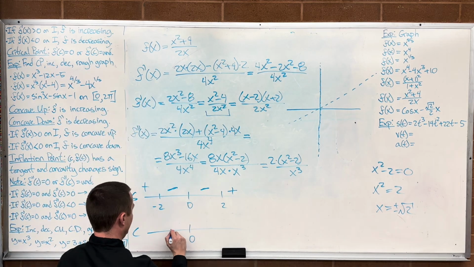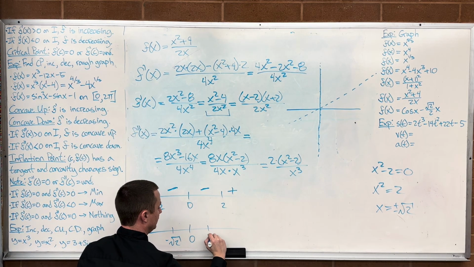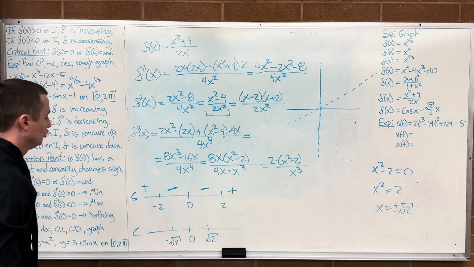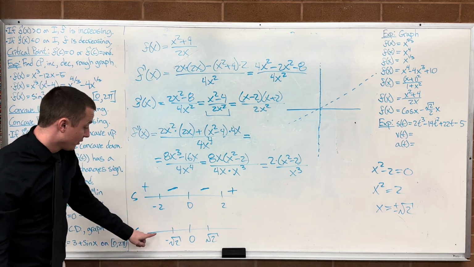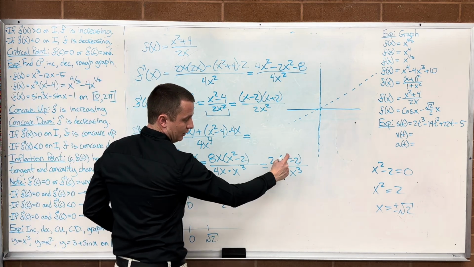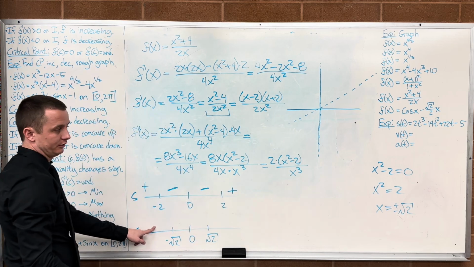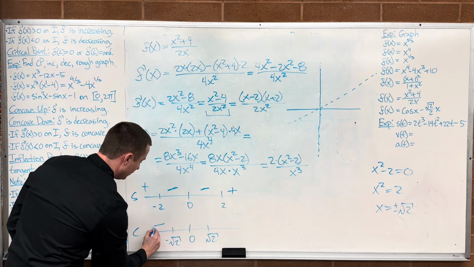So minus root 2 and plus root 2, right? And then checking the concavity, plug in a number more negative than there, so plug in something like negative 2. Positive, negative gives us negative.